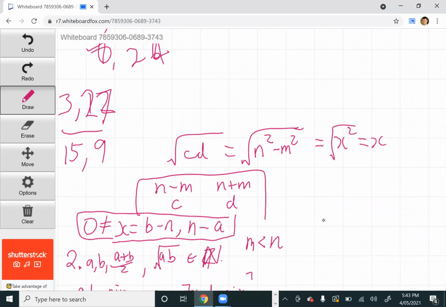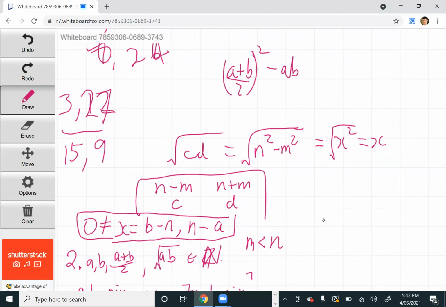So we know that... Yeah, so n squared is just (a plus b over 2) squared, right? And you're minusing ab.